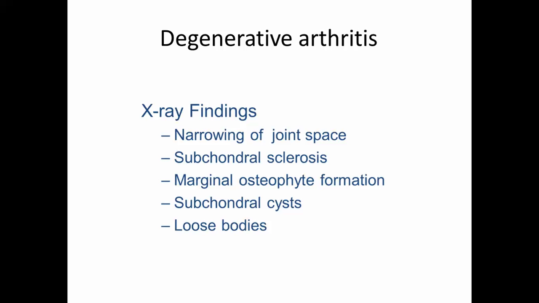Degenerative arthritis is mainly characterized by 5 X-ray findings. The joint space is narrowed. There is subchondral sclerosis. Expect marginal osteophyte formations, subchondral pseudocysts, and loose bodies, separate parts, separate fragments, which get calcified and are called loose bodies.